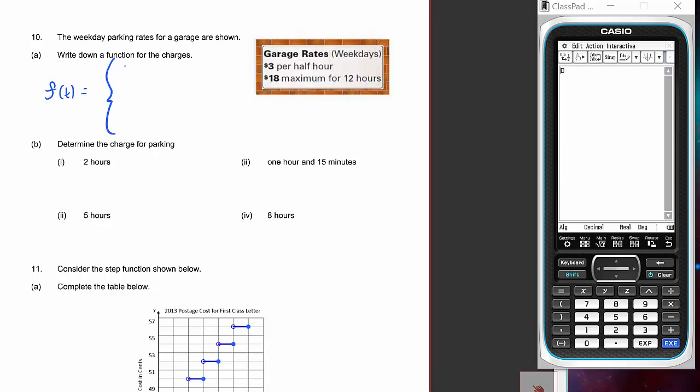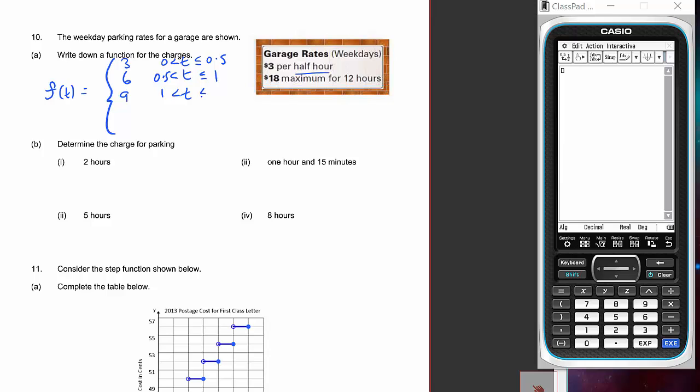So they're going to charge us 3 for t between 0 and half an hour, 0.5. Then it will go up to 6 if t is between 0.5 and 1. I'm not sure exactly which ends the less than or equal to's. Doesn't really matter, I don't think, too much.